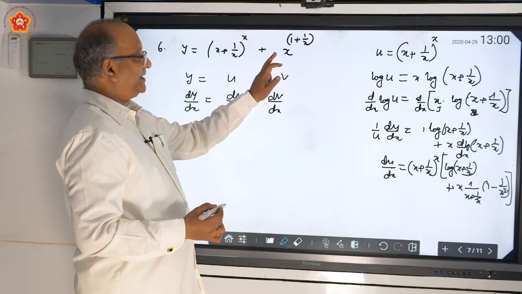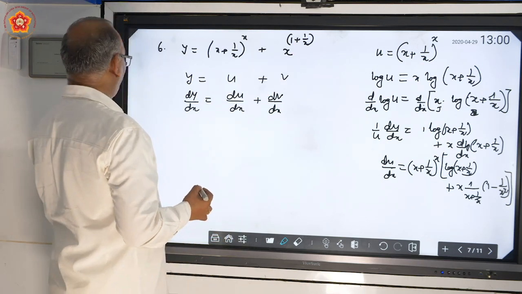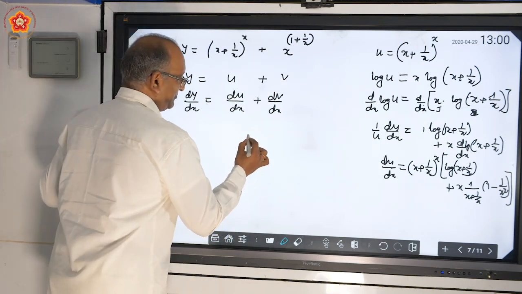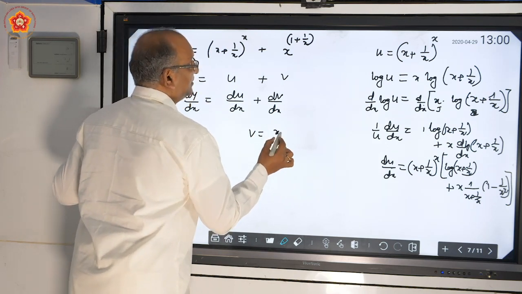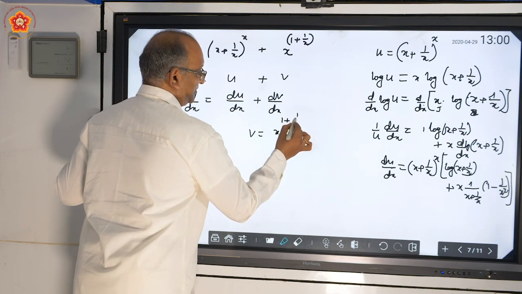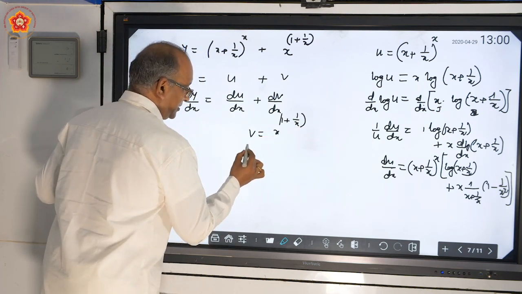Now coming to the second part, that is x to the power 1 plus 1 by x. We will take it as the second function and we will have v is equal to x to the power 1 plus 1 by x. Take log both sides.